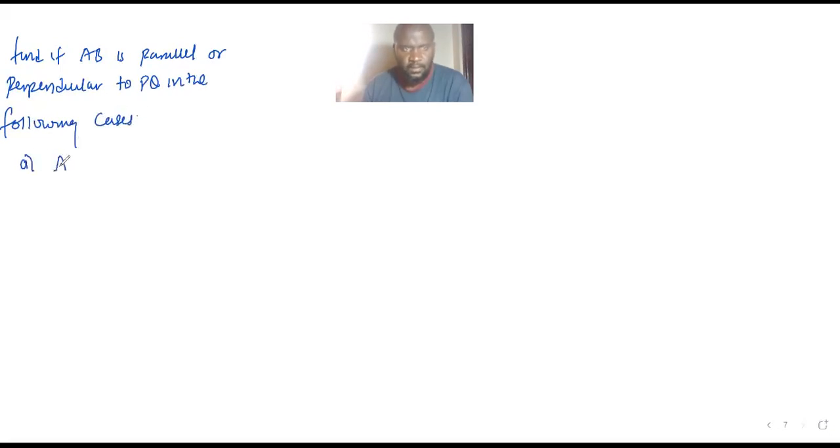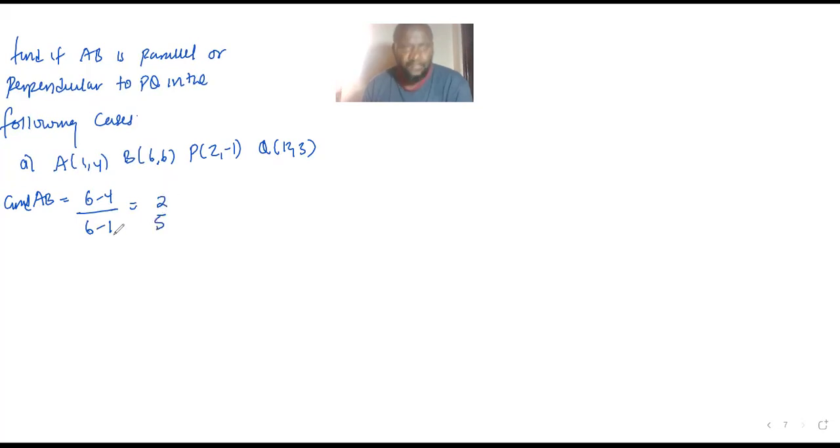A is (1, 4), B is (6, 6), P is (2, -1), Q is (12, 3). So get the gradient of AB. It will be (6 minus 4) over (6 minus 1). This is 2, this is 5.